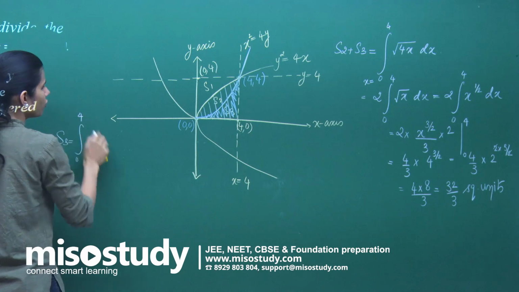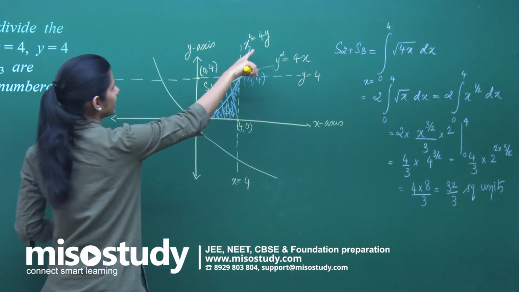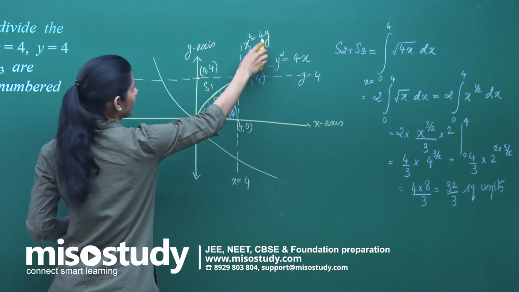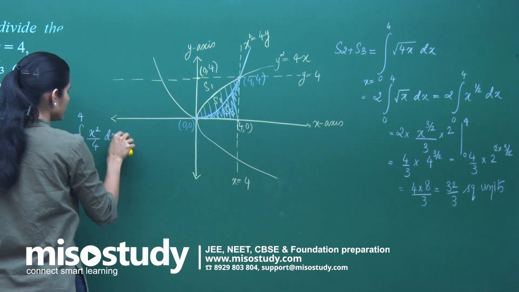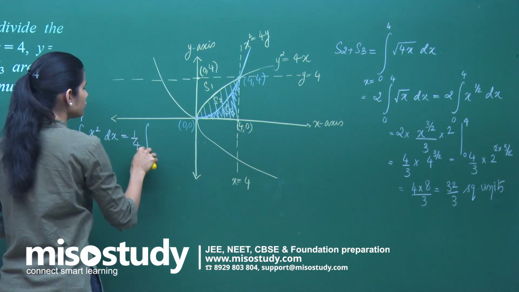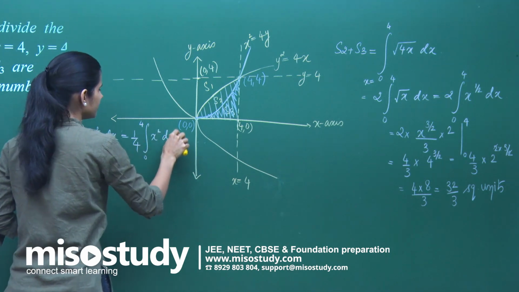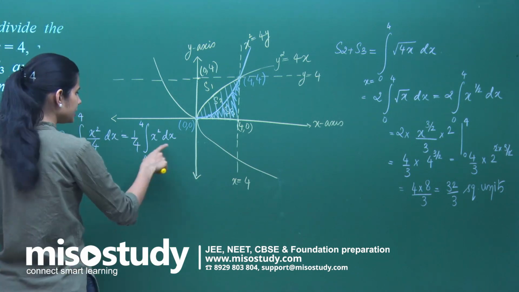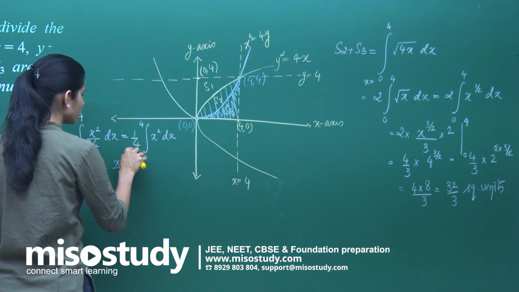Integral 0 to 4, these are limits of x. Because this curve is involved, below this I wish to compute the area, so y is x square by 4 dx. Obviously 1 by 4 goes out, you're left with integral from 0 to 4 x square dx. This is 1 by 4. Integral of x square dx is x cube by 3 from 0 to 4.